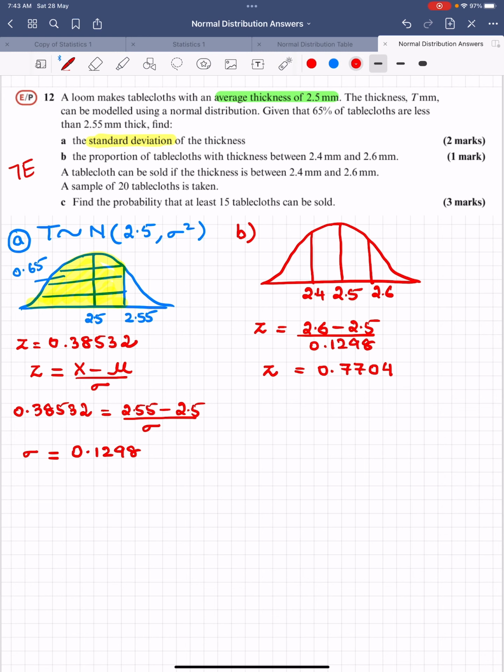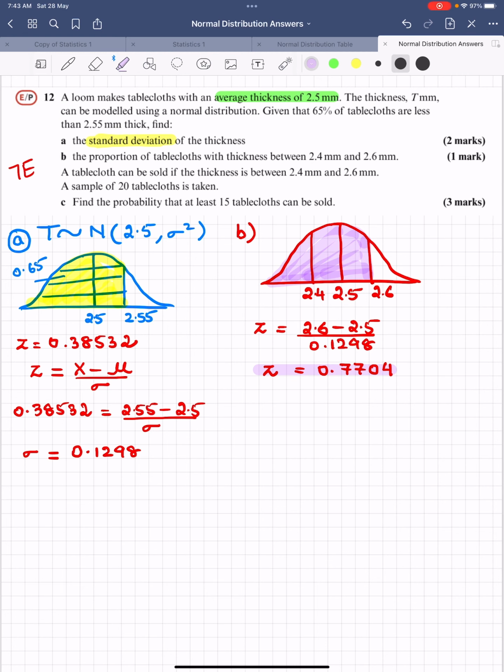So we have the z value. Now we can find the probability that corresponds to the z value. If we find the probability against this z value 0.7704, we get the probability from this end all the way up to the left tail. So this is the probability that we will find. Let us refer to the table.